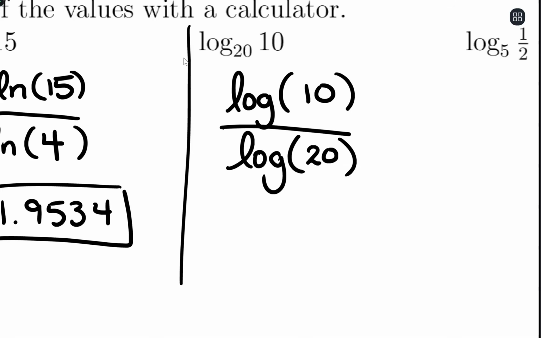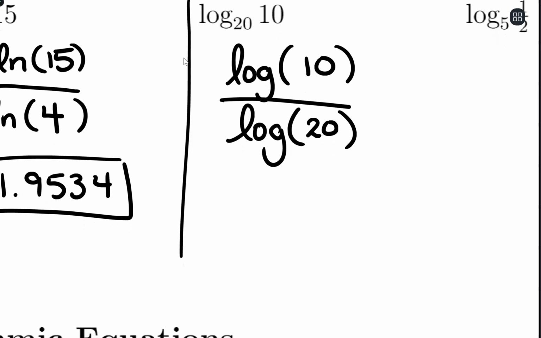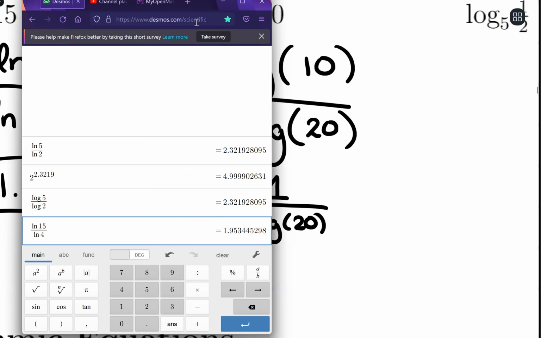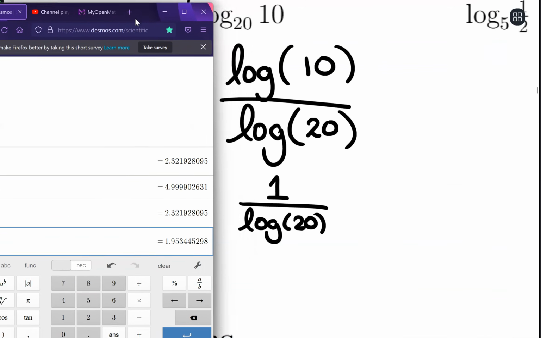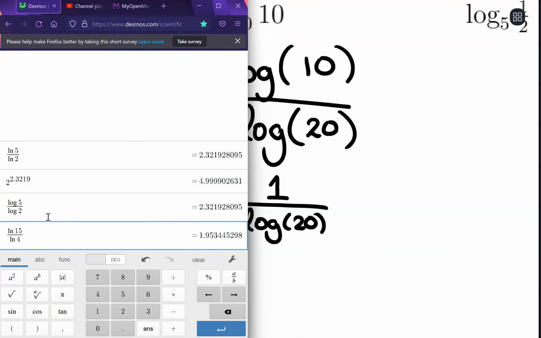And if we wanted to, we could simplify this before plugging it into the calculator, because log base 10 of 10, remember that's asking 10 to what exponent would give us 10? Well, that exponent we would need is just a 1. So really this is, in a simpler form, 1 over log of 20. That wouldn't happen if we use the natural log, but again, we would get the same answer out.